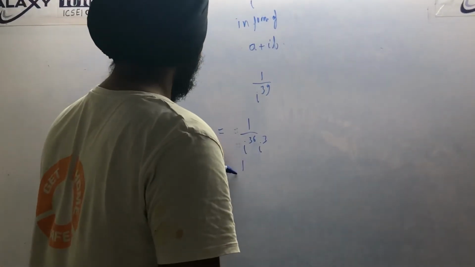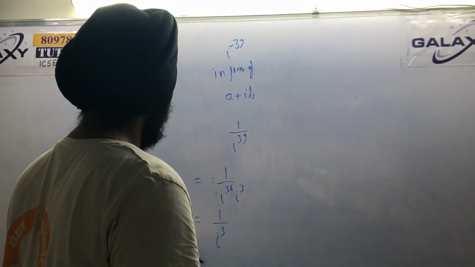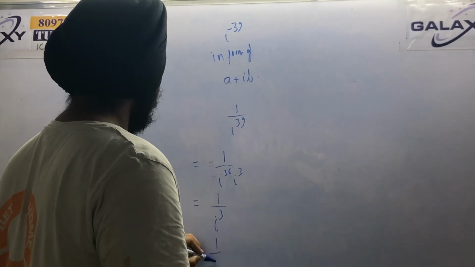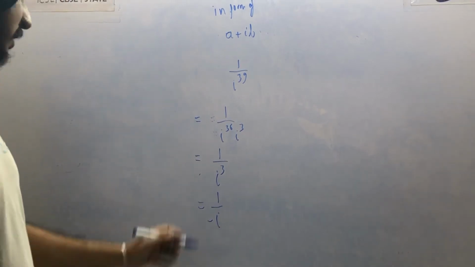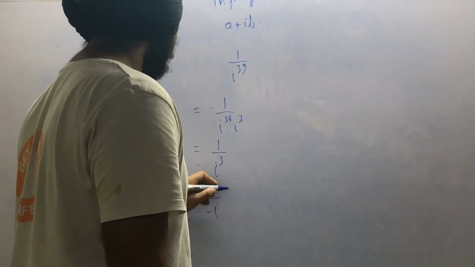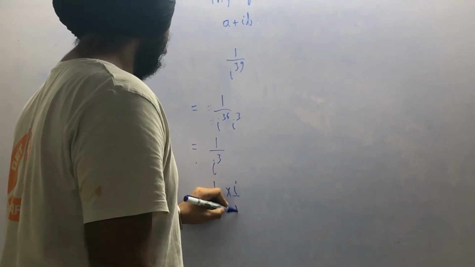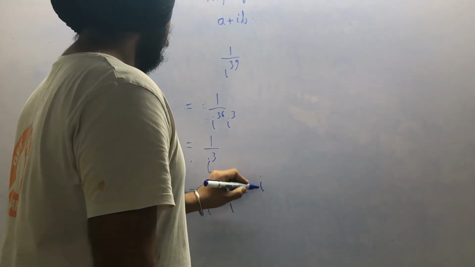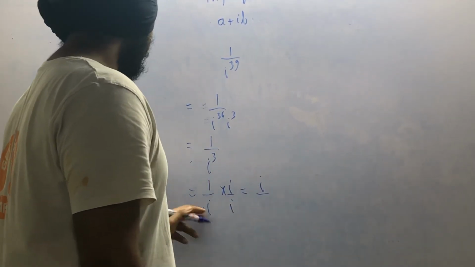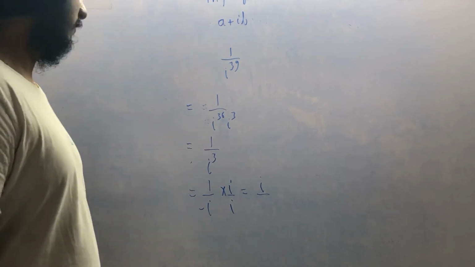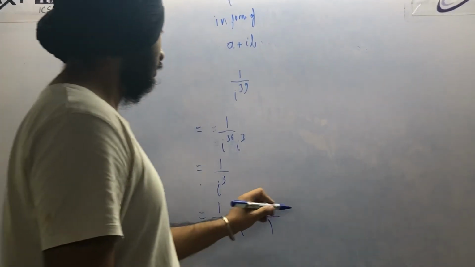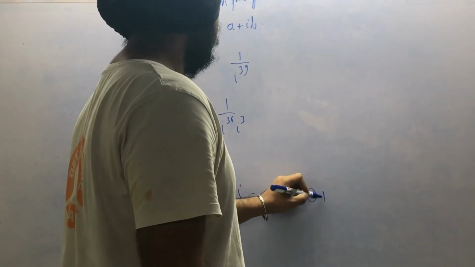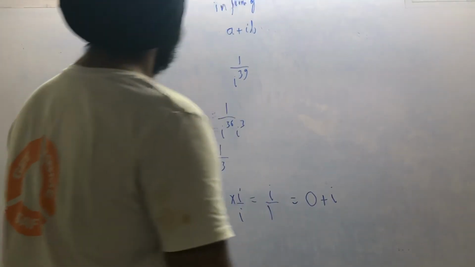So 1 upon iota cube. Iota cube is how much? Minus iota. Okay, just multiply numerator and denominator by iota. This will be iota upon minus iota into iota, which is 1, because iota into iota is minus 1 and into minus 1 is plus 1. So the answer is 0 plus iota. So this is the form.